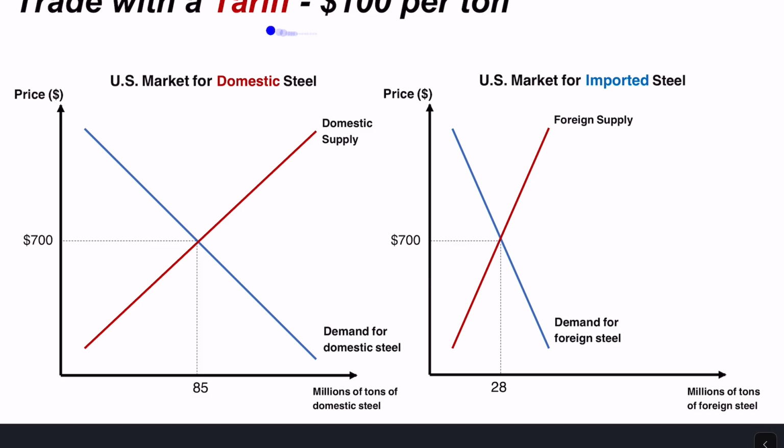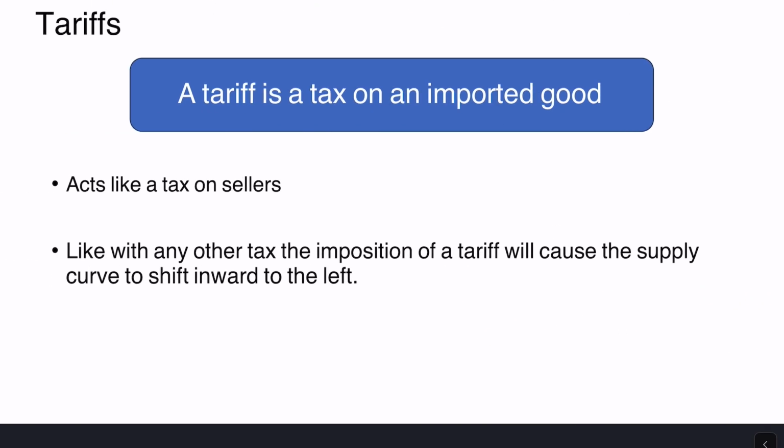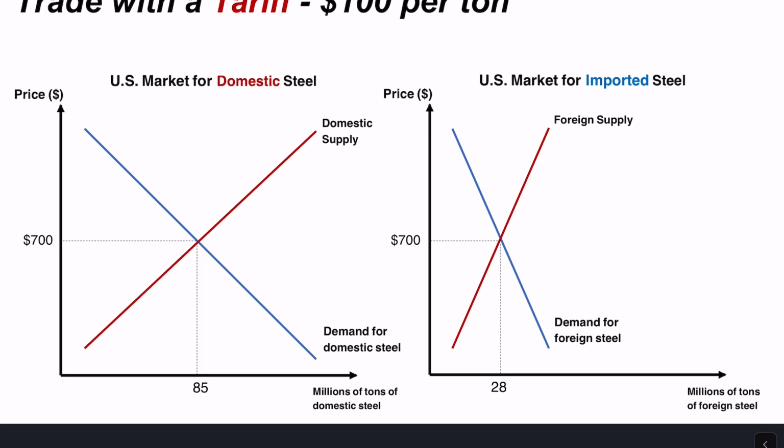A tariff is a tax on an imported good. It's going to act just like a tax on sellers, if you think back to our tax module. So like with any other tax, the imposition of a tariff is going to cause the supply curve to shift inward to the left by the amount of the tax. All right.